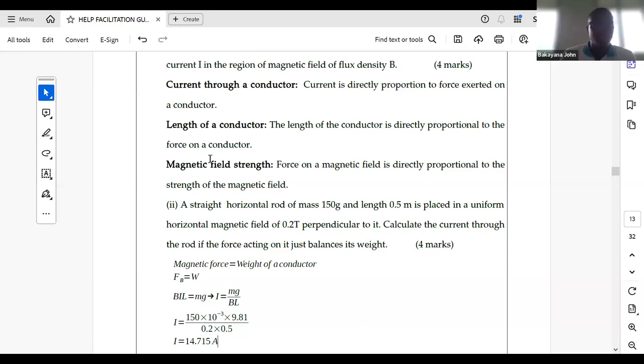Okay, sorry for that. We go where we are. We simply equate the magnetic force with the weight of the conductor, just substitute and come up with the current required. Is that okay?